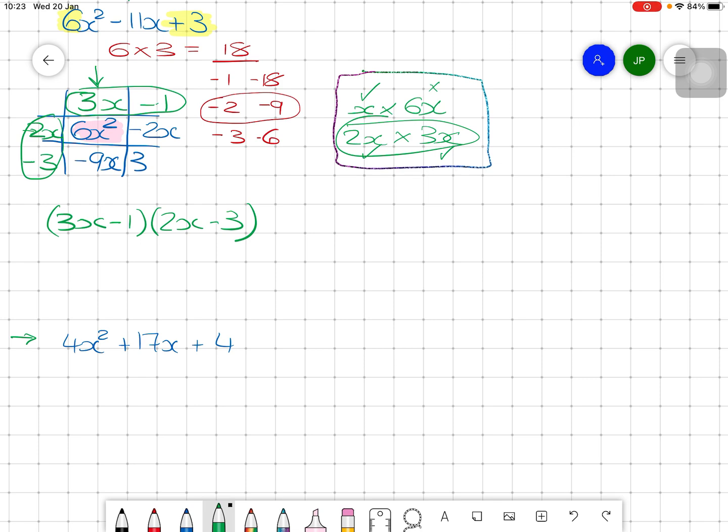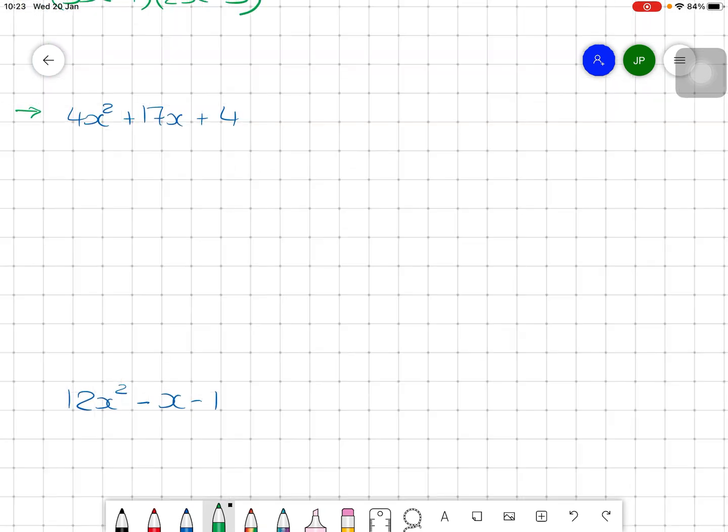Okay, so let's have a look then. So 4x squared plus 17x plus 4. Same as before, we have to multiply our coefficient of x squared with our coefficient that hasn't got an x. So we'll go 4 times 4 to give us 16, and that's what I'm looking for my factor pairs of.